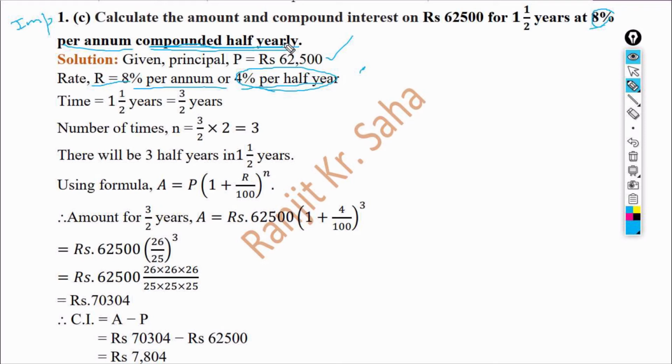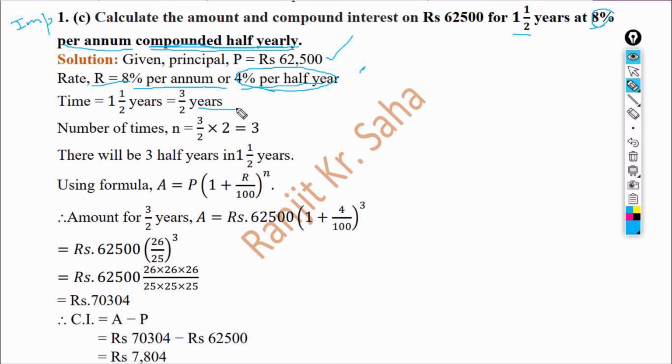Now time is also a mixed fraction. It is 1 and 1 by 2 years, that is 3 by 2 years. But here we need not use the previous method because we have to calculate it half yearly.